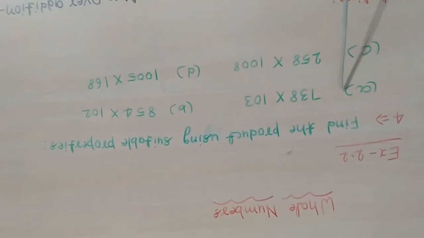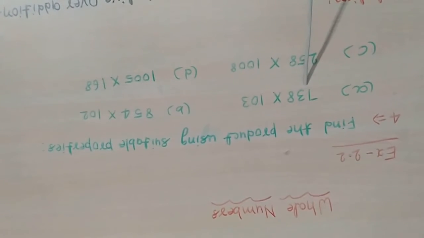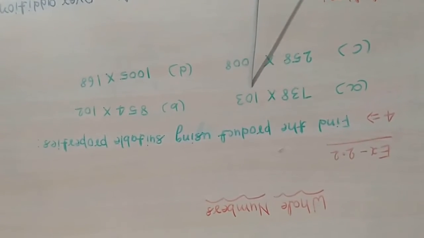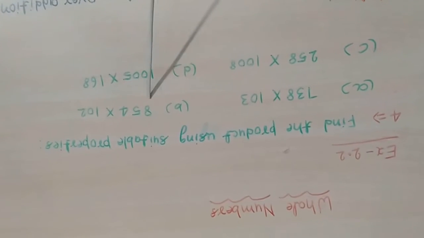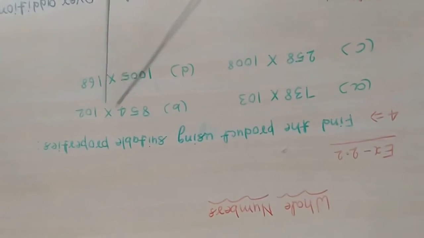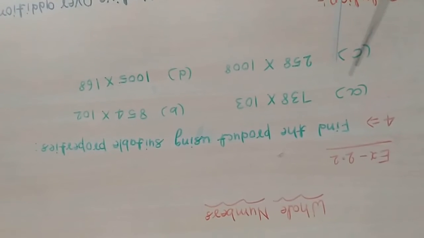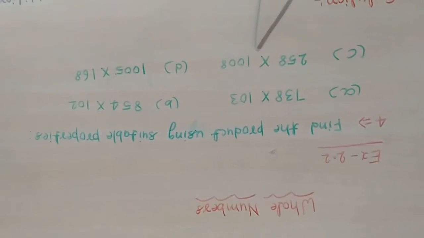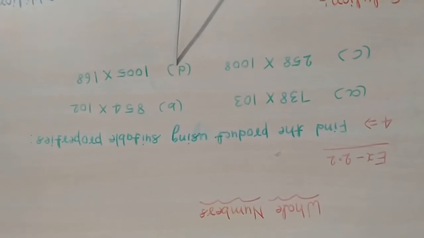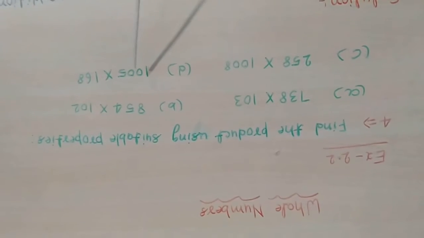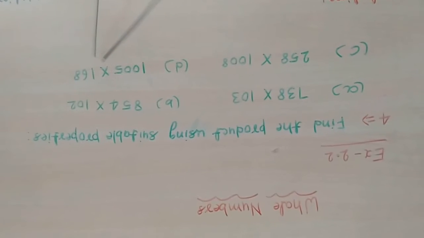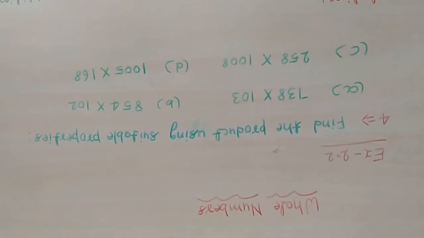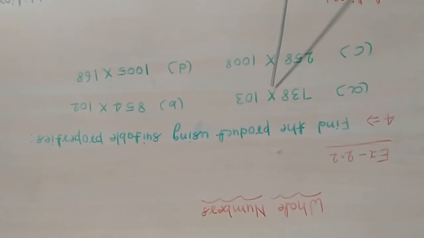Part A: 738 into 103. B part: 854 into 102. C part: 258 into 1008. D part: 1005 into 168.